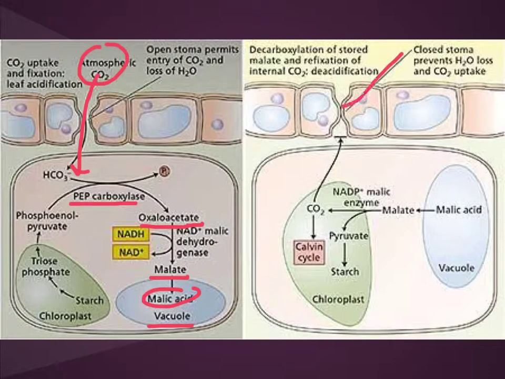During the day, the stomata are closed, and our vacuole that has malic acid stored in it converts it back into malate, and then from malate it can be converted back into CO2, where the Calvin cycle can now take place. Again, CAM photosynthesis is separating the Calvin cycle via temporality, via time. So carbon dioxide is taken in at night, and the Calvin cycle takes place during the day.